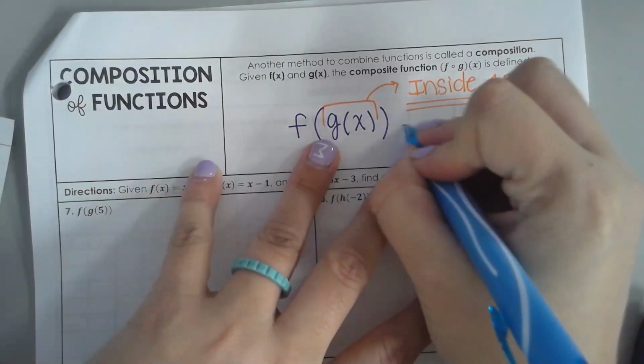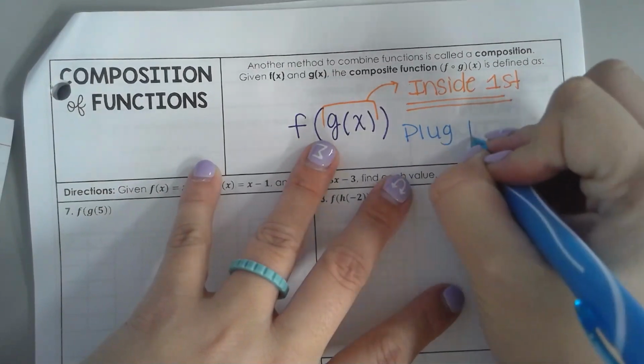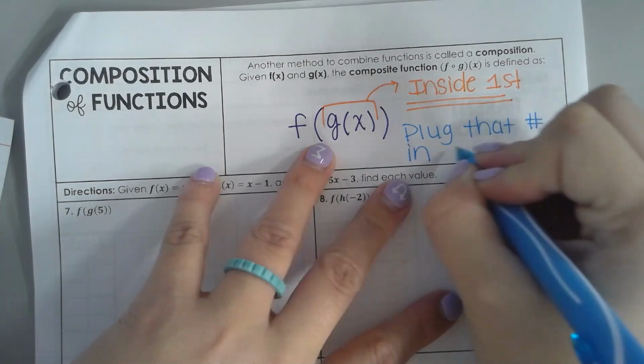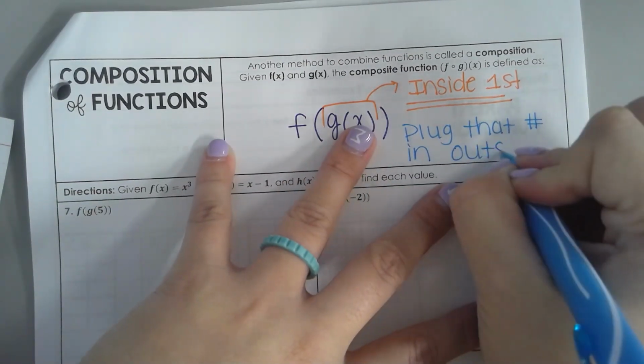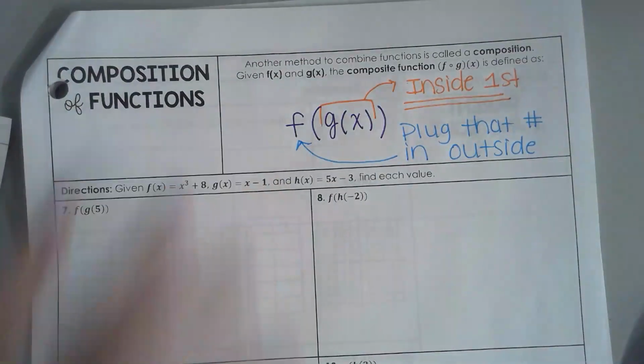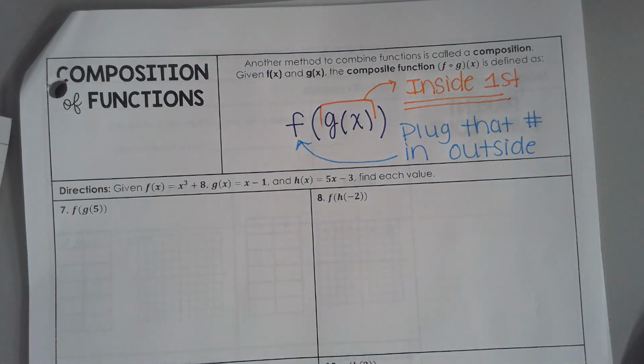Then you plug that number in the outside. So you do the inside first, and then you plug that answer in for f.